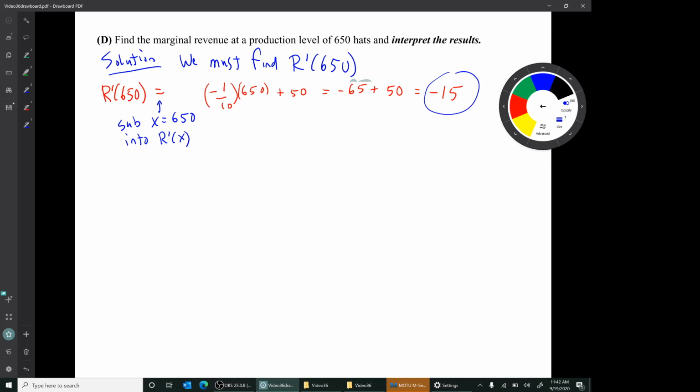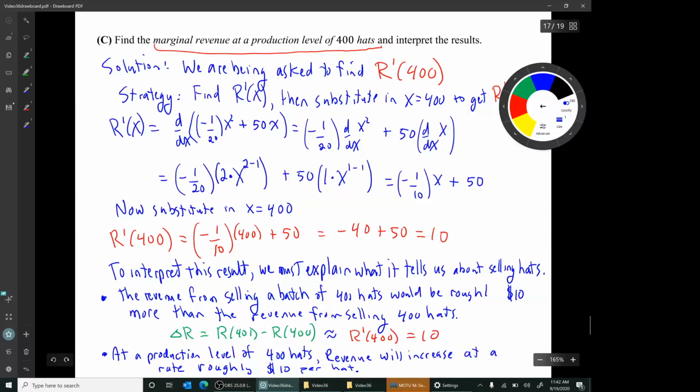Now, what does that mean? That is, interpret those results. Well, if we think about this in the same way that we thought about the previous problem and write similar interpretations for the current problem, they would read as follows.